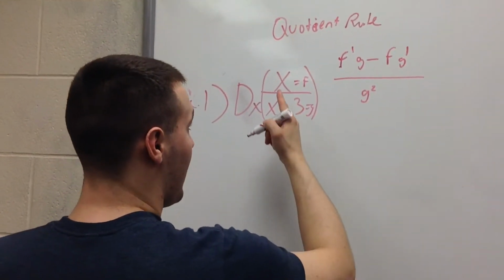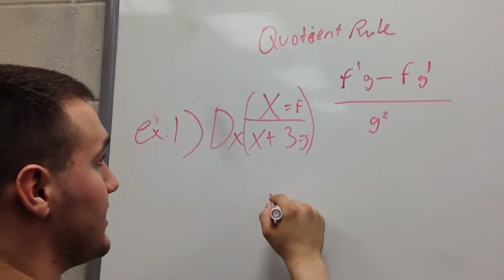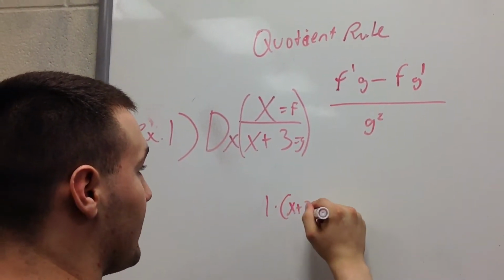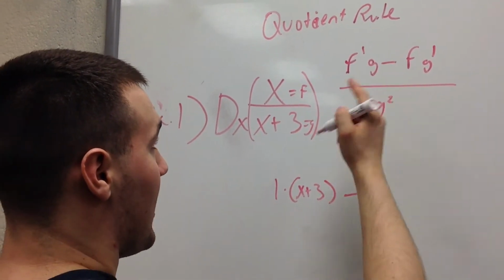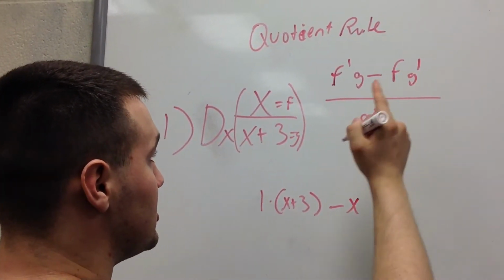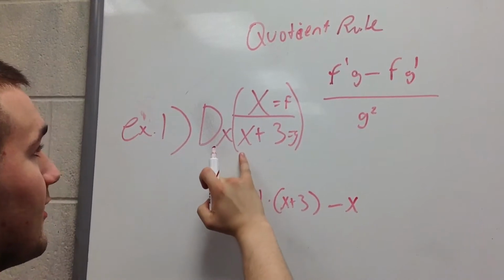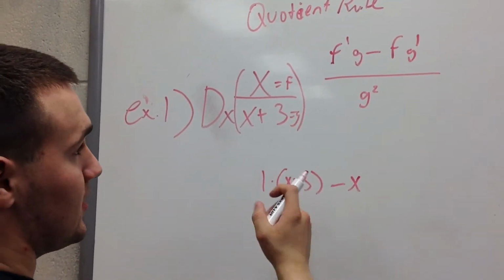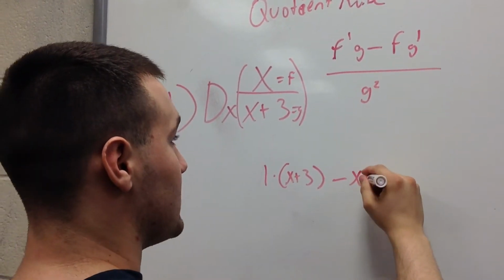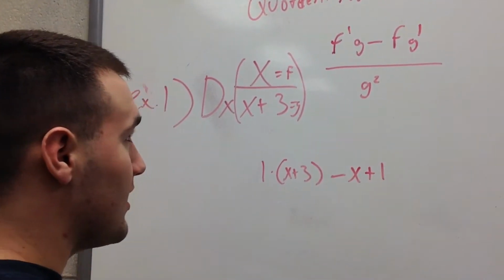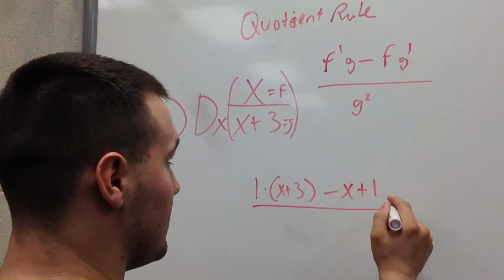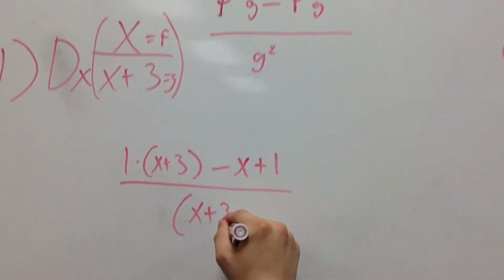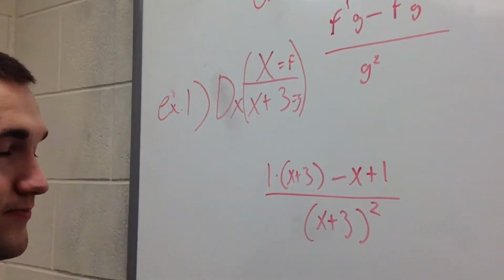F prime, x prime, is just 1 times g, which is just going to be x plus 3, minus f, which is just x, times g prime of x, which is just 1, so 1 plus 0, because the constant's going to go to 0, that's just 1. Alright, and don't forget, g squared, that's our g, so we're going to have x plus 3 squared on the bottom.